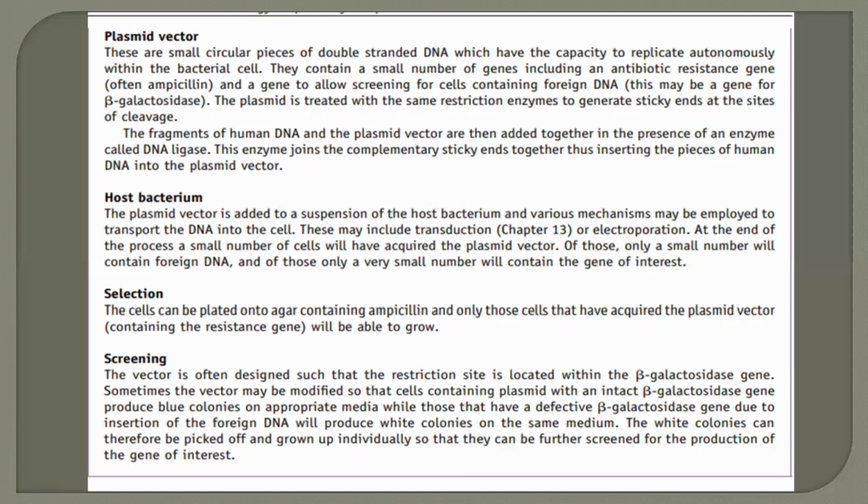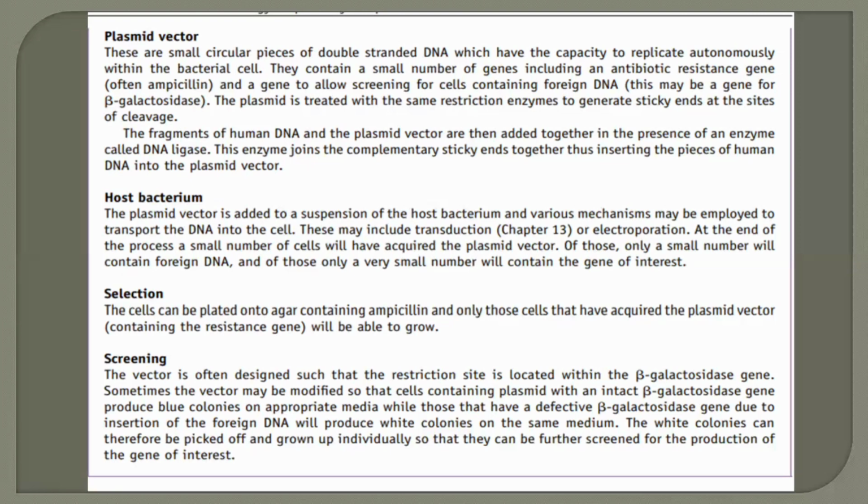So ampicillin acts on killing the other bacteria and the undesired qualities of the bacterium. The plasmid factor contains a resistant gene which will enable it to grow even in the presence of ampicillin.